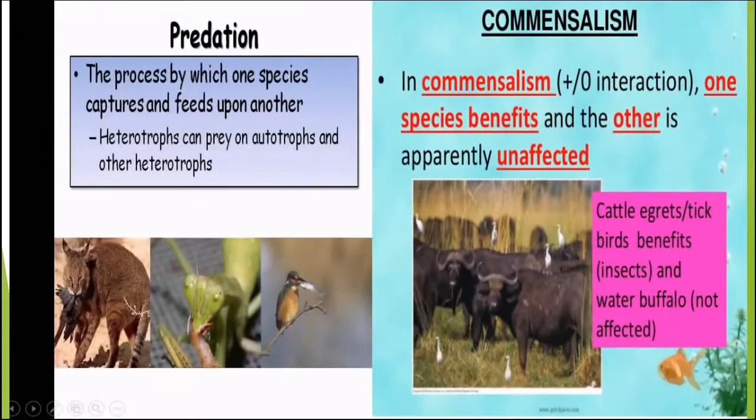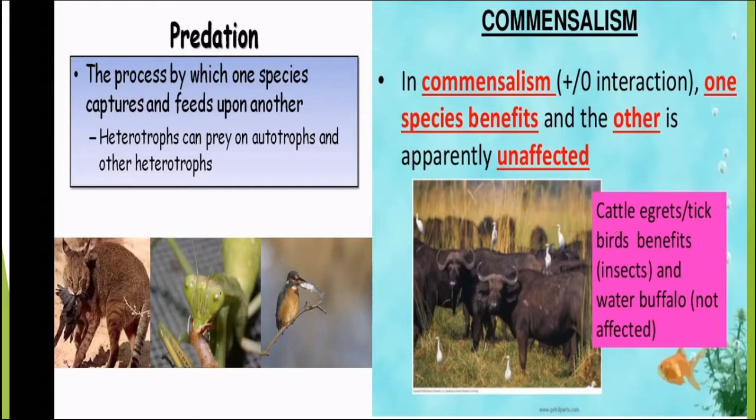This slide is showing examples of two types of biological interaction. Predation, in which one organism is getting benefit and the other is harmed. For example, heterotrophs. Then commensalism, in which one of the members or species is in benefit and the other is unaffected.